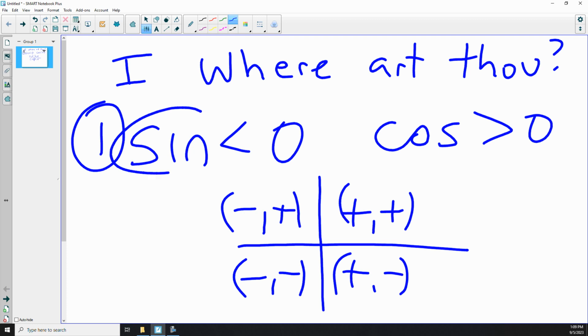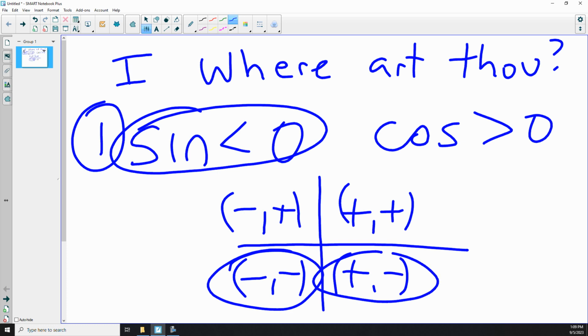So where are we if sine is less than 0? Sine is the y, so y has to be less than 0. So you would have to be either in the third or the fourth, because we're coming from the land down under.